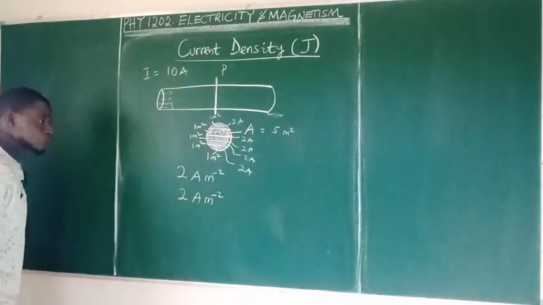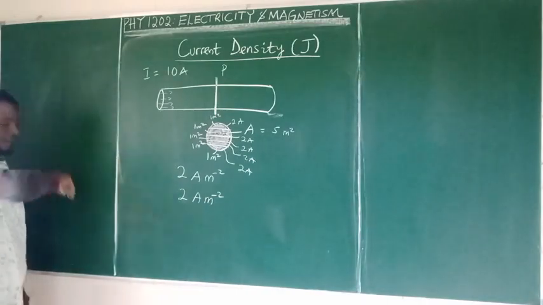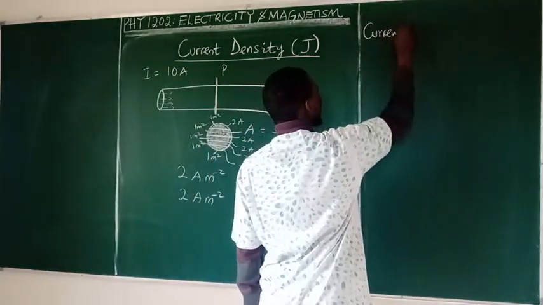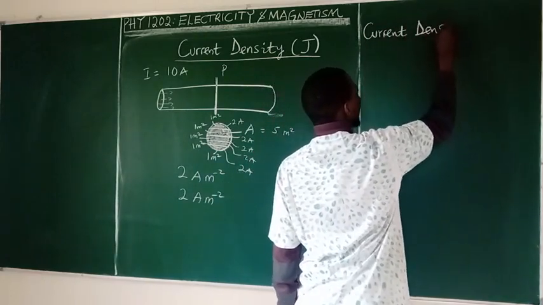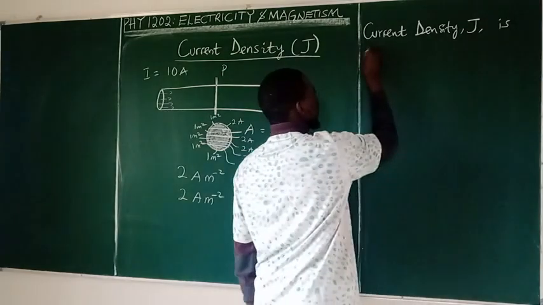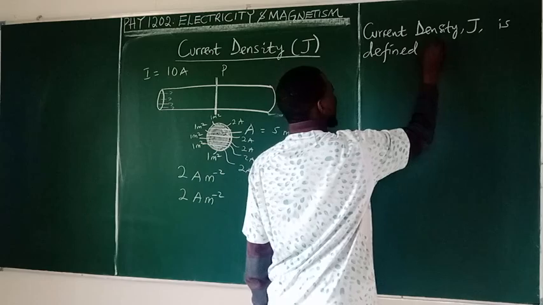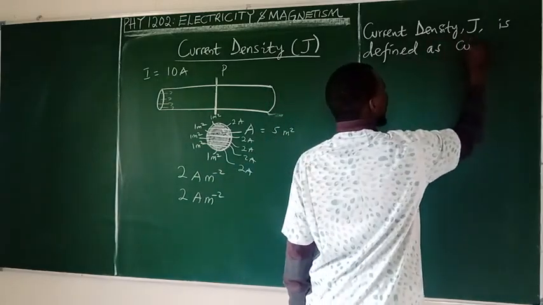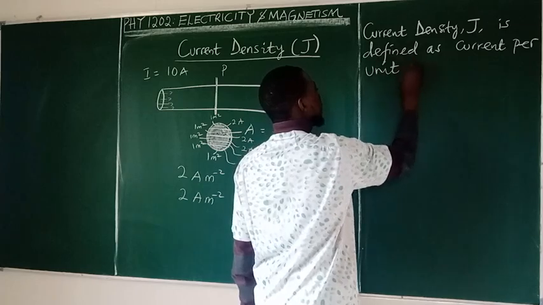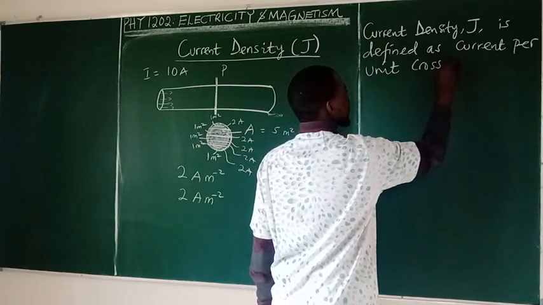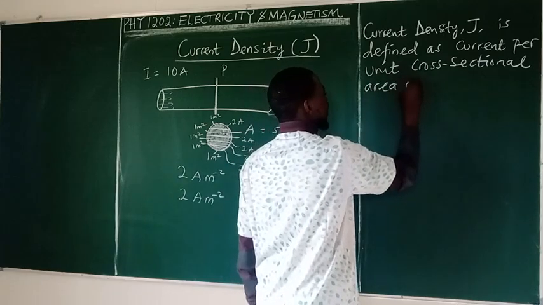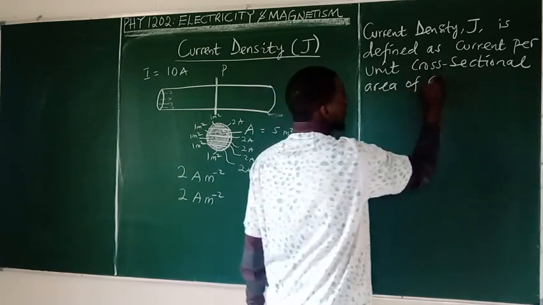Okay, let's move on to define that. So we say current density, denoted by J, is defined as current per unit cross-sectional area of a material.